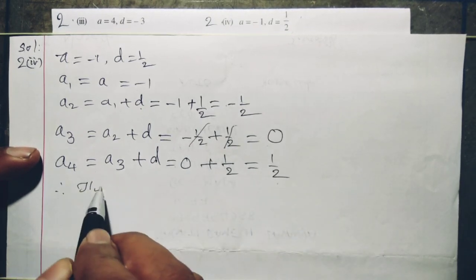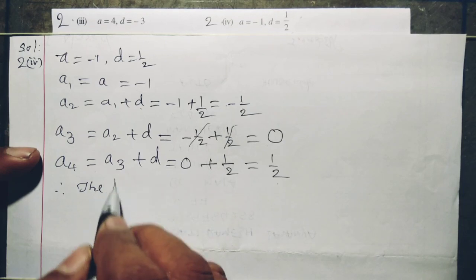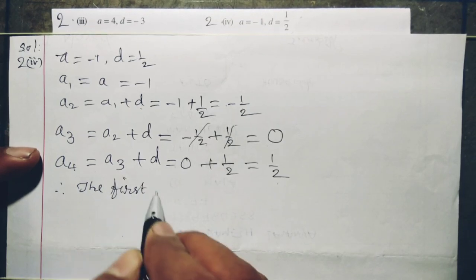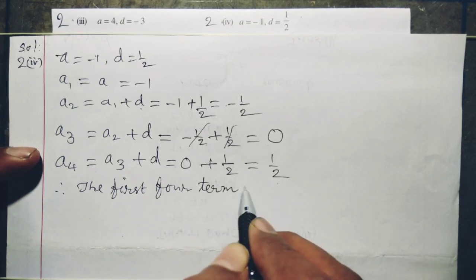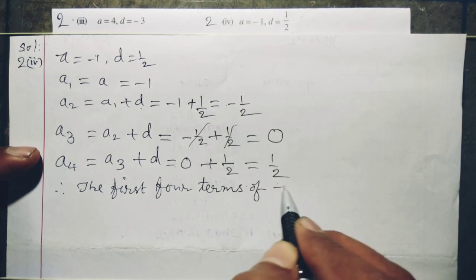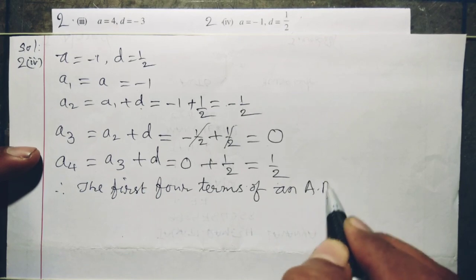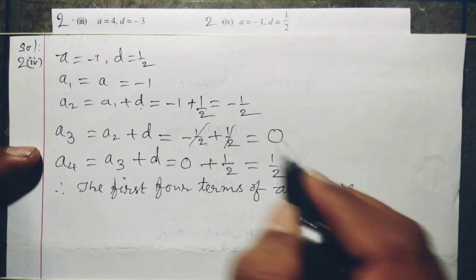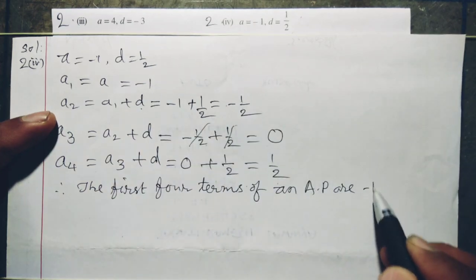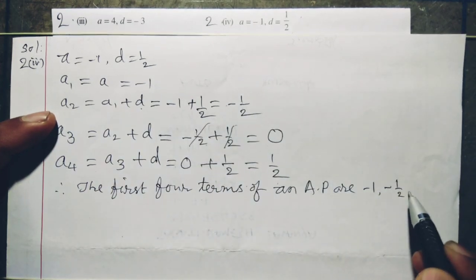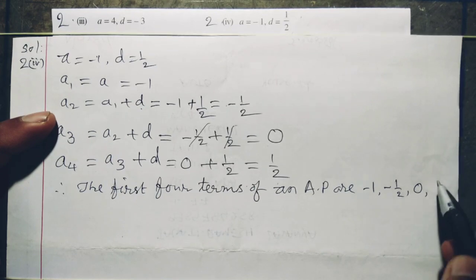Therefore, the first four terms of an AP are minus 1, minus 1 by 2, 0, 1 by 2.